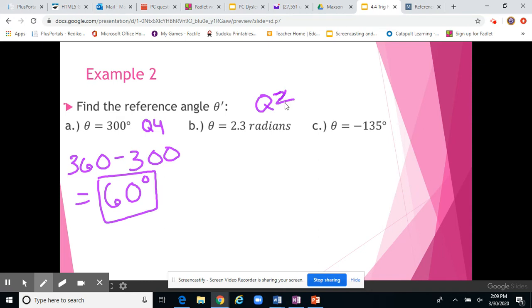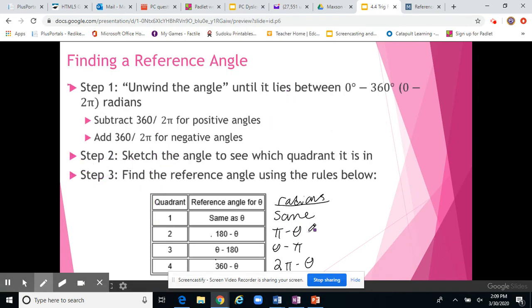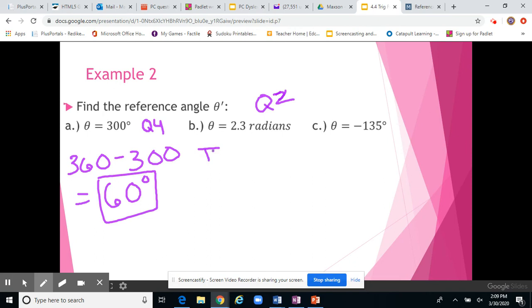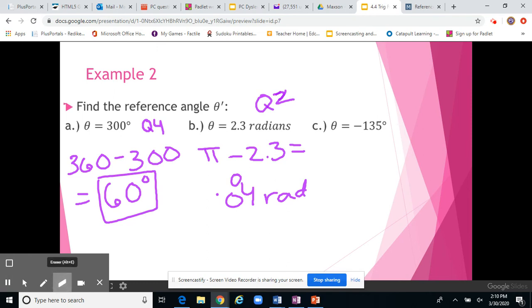So in quadrant 2, the rule in radians is pi minus the angle. So we want to do pi minus 2.3. When we plug pi minus 2.3 into our calculator, the answer that we get is 0.84 radians, and that would be our reference angle.